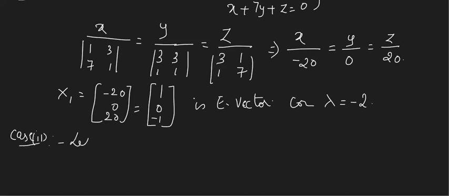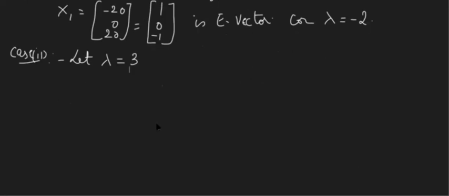What is the second value of lambda? 3 or 6? 6, ma'am, we have written 6. What happens to equation 1? Refer to that and tell me what we will get.